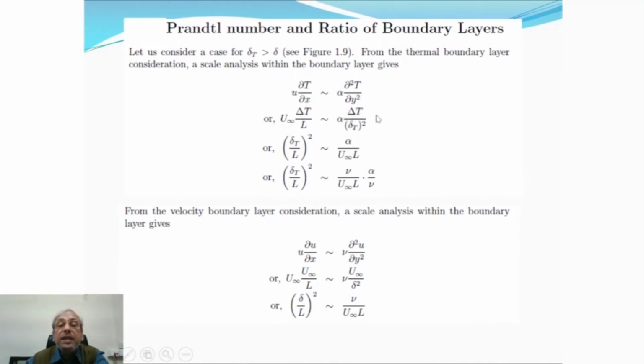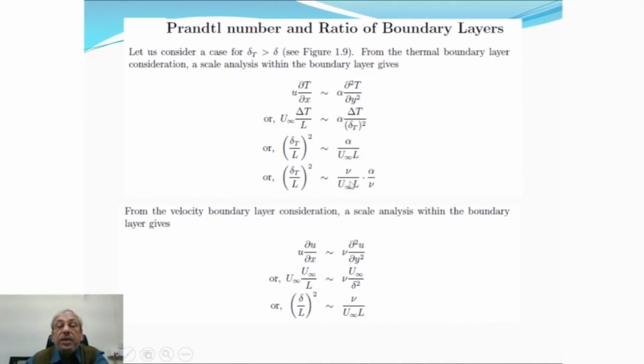So this ΔT gets cancelled out. We can write δ_T/L squared is proportional to α divided by U∞ L. So we can write δ_T/L squared equal to basically α by U∞ into L.